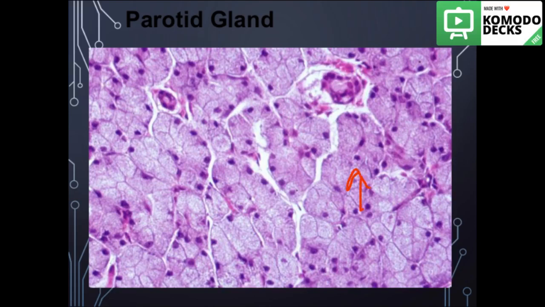One small intercalated duct, and the striated ducts appear more columnar in shape around the nucleus with scanty cytoplasm.